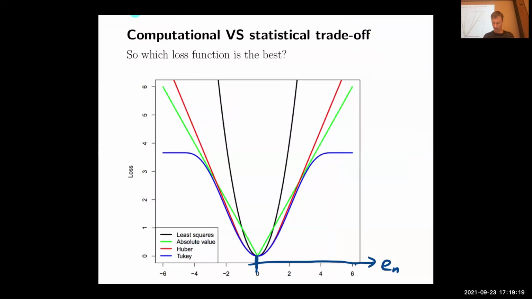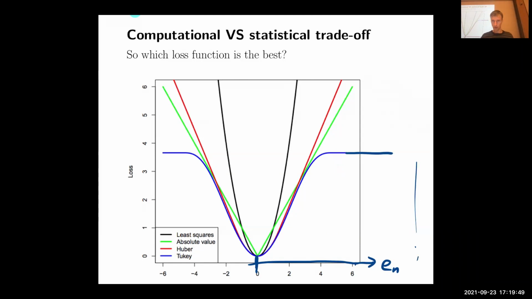That is exactly our initial motivation: for very large errors, like 10,000, you would like the price you have to pay to still be manageable. That's why you would like this to flatten out, because this gives you statistical robustness.